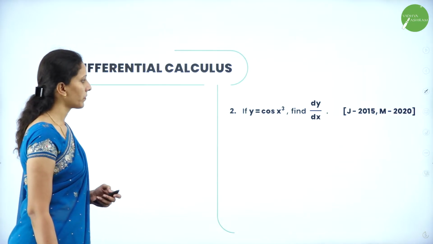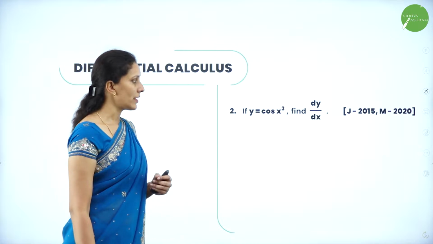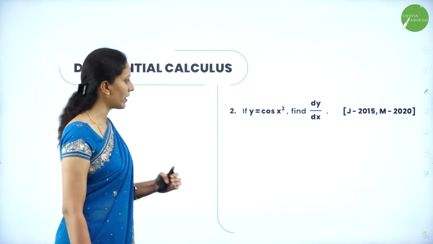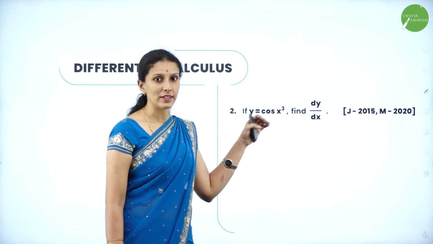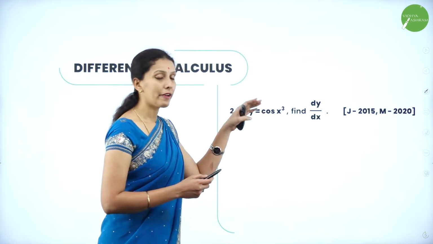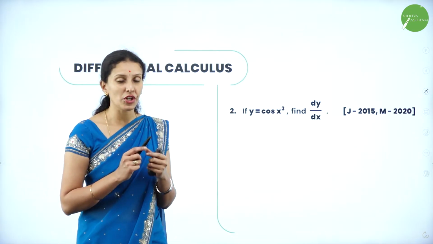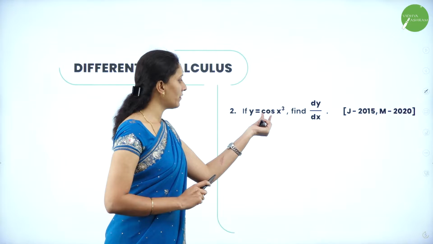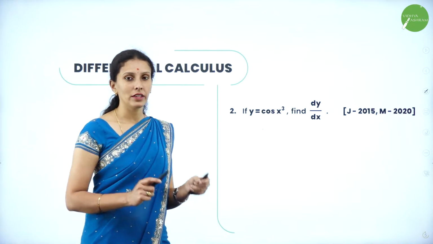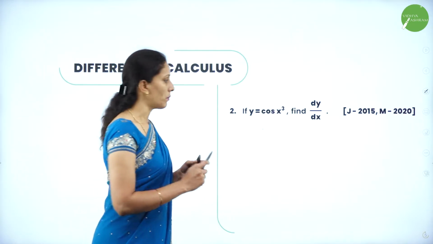Next one, if y is equal to cos x cube, find dy by dx. We know the derivative of cos is minus sine, but since we have x cube here, you have to use the chain rule. That is, derive the first function, then derive the function which is inside one more function.